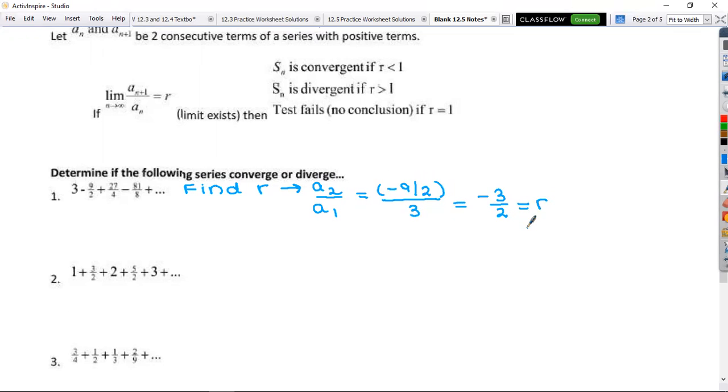So now you're going to take the absolute value of this. So the absolute value of negative 3 over 2 is obviously just 3 over 2. And now you're going to classify this. So if my R is 3 over 2, is my sequence going to be convergent or divergent? Divergent, good. So this is divergent because my R is greater than 1.